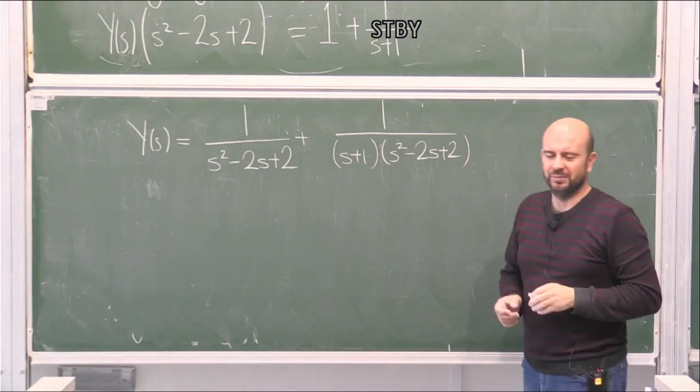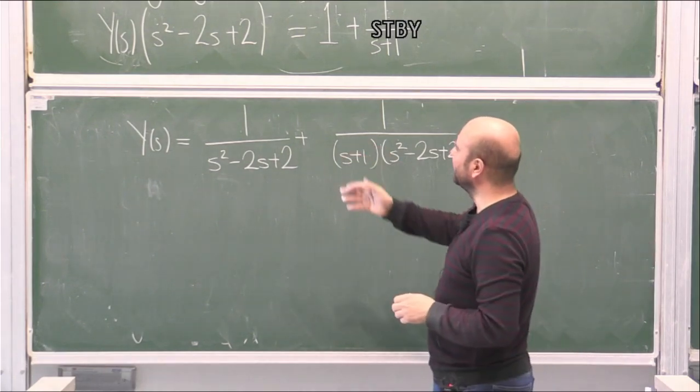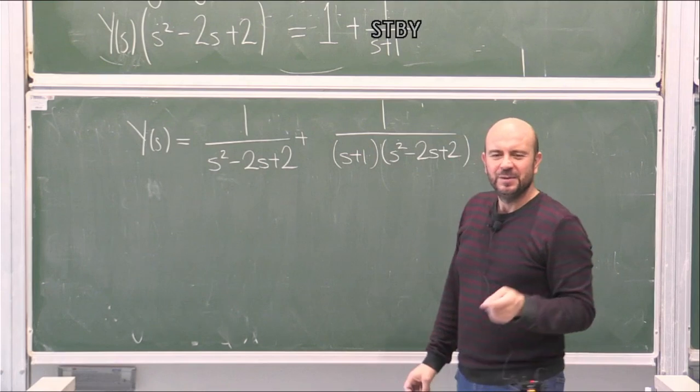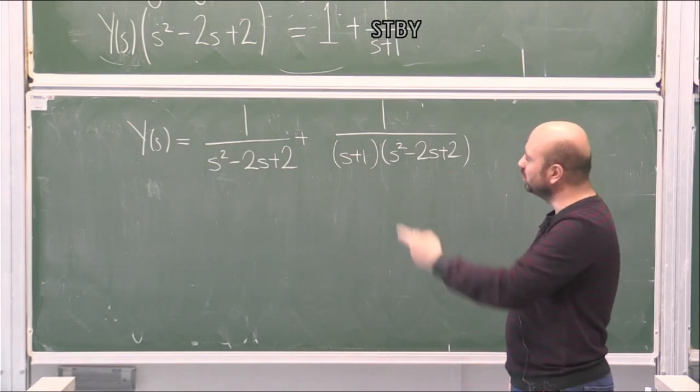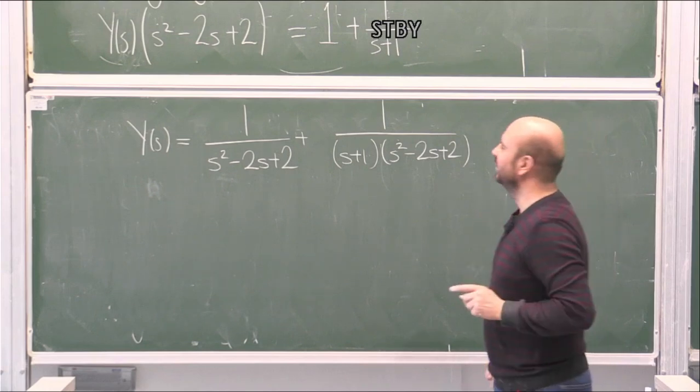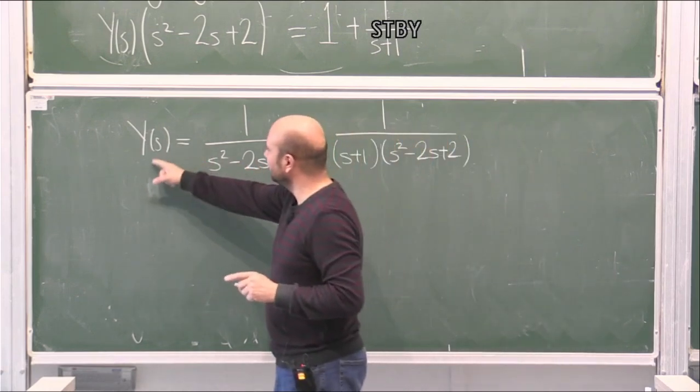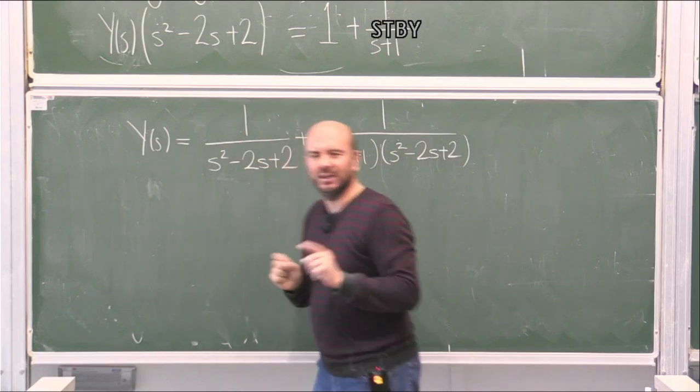So I solved the problem. No, just kidding. Yes, I found the solution, but I didn't find the y of t. I found the solution's Laplace. So this is the solution's Laplace, not the solution.